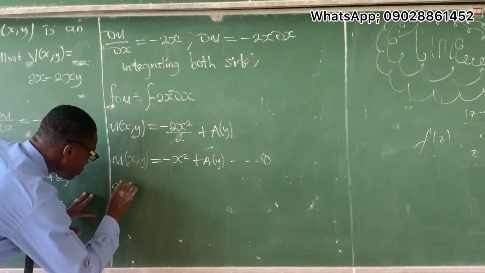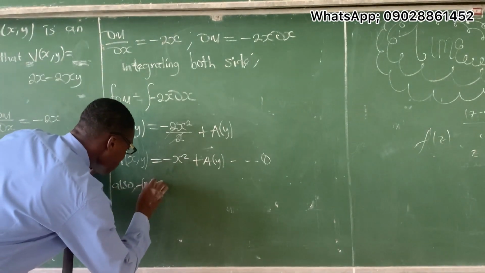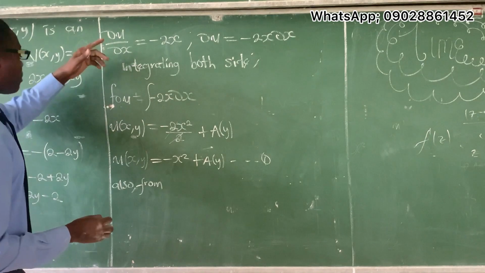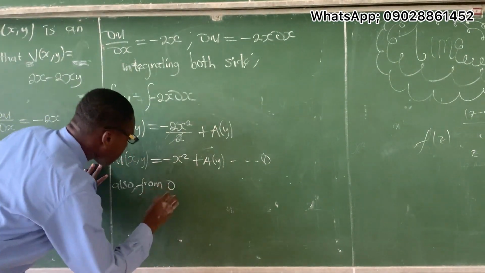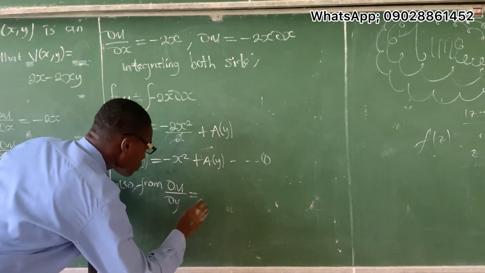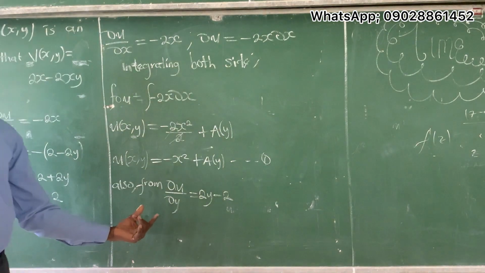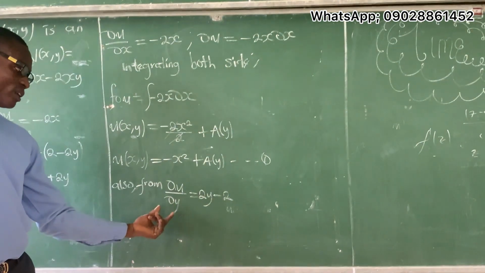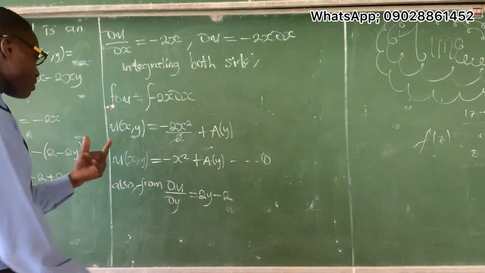Also, from partial u partial y equals 2y minus 2. We can also integrate using variable separately, integrating with respect to y, treating x as constant.